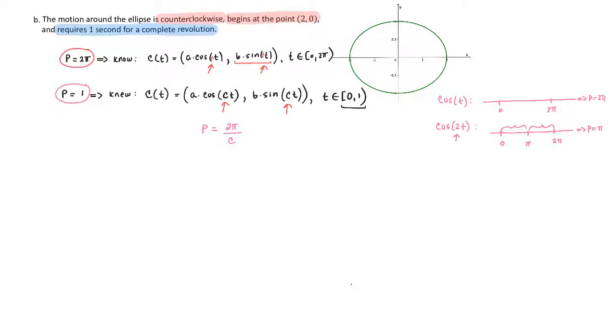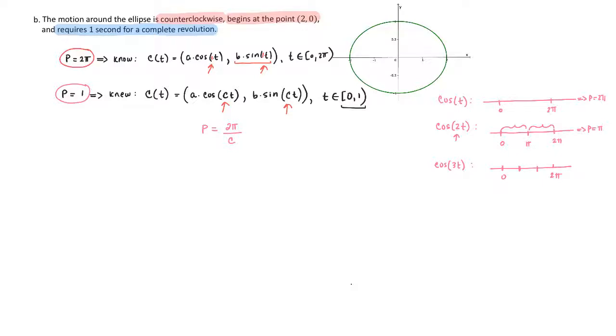Let's do one more. What if we had cosine of 3t? If that was the case, again, from 0 to 2 pi, the 3 is telling me that now I am going to have 3 full cycles within the same interval, 0 to 2 pi. Let's pretend that they are identical.